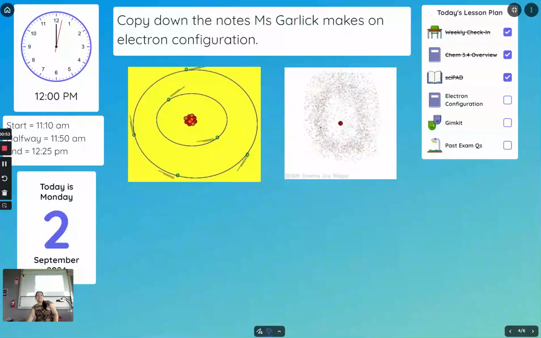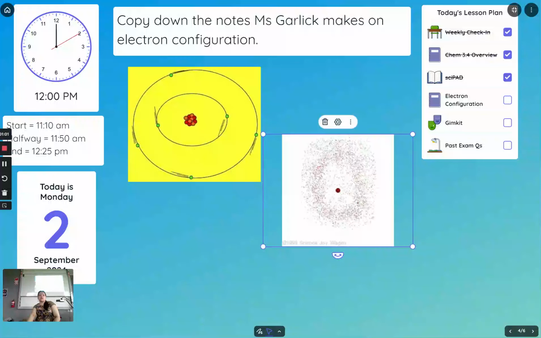This model is actually not correct. What actually is correct is this model over here. So instead of having the electrons orbiting around the nucleus like a solar system, what actually is happening is that the electrons exist statistically in a set location known as a cloud.